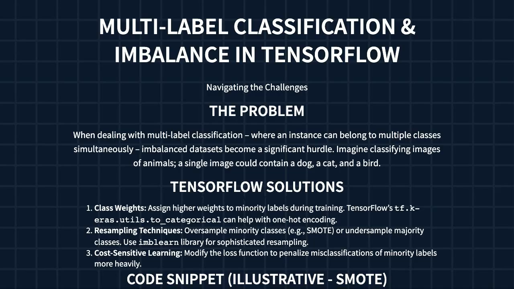Next, we have sampling techniques like SMOTE, which creates synthetic data for minority labels, or undersampling the majority ones. Finally, you can adjust your loss function using cost-sensitive learning, putting more penalty on misclassifications of those harder to get labels. The code snippet shows a quick example of how you might use SMOTE within the imblearn library.